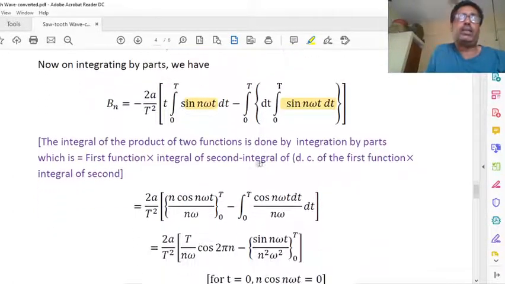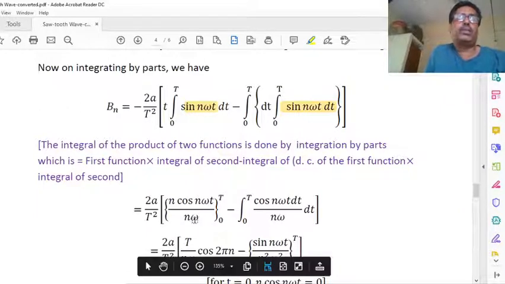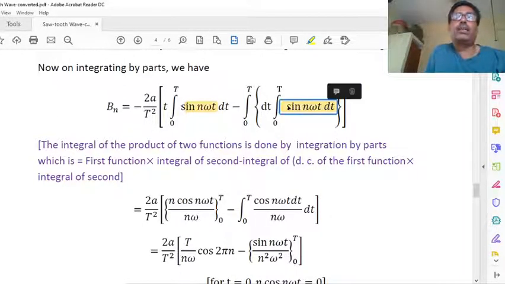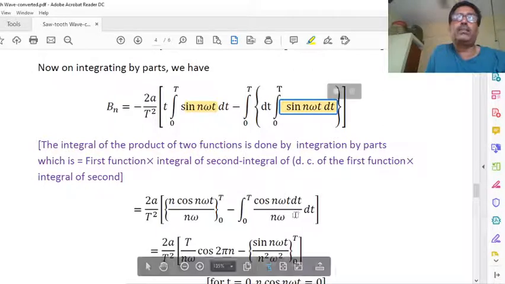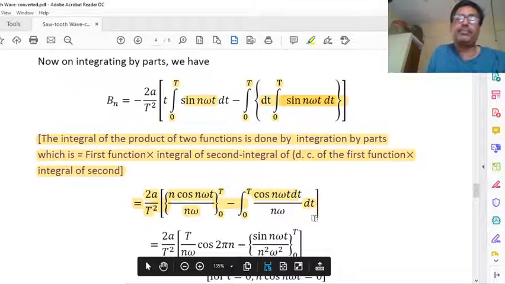So in this way, if you solve this, this is t, and the integration of sin n omega t means cos n omega t by n omega, with minus. Integration of sine is equal to minus cos, so this minus is 0, and here dt. Again, the integration of sin n omega t is what? Cos n omega t, and this dt has been written here.